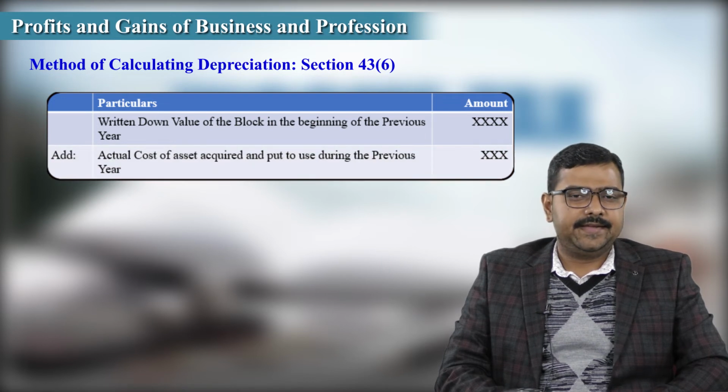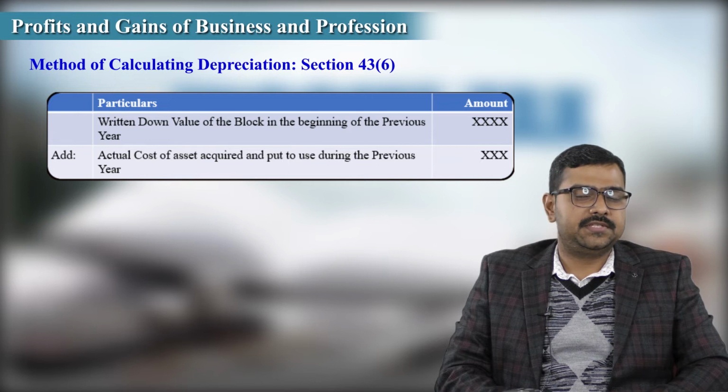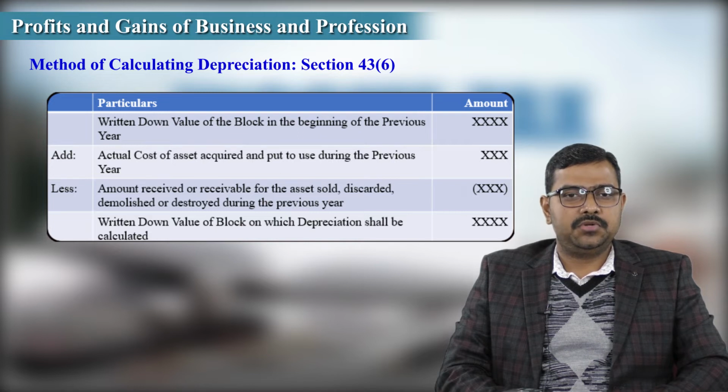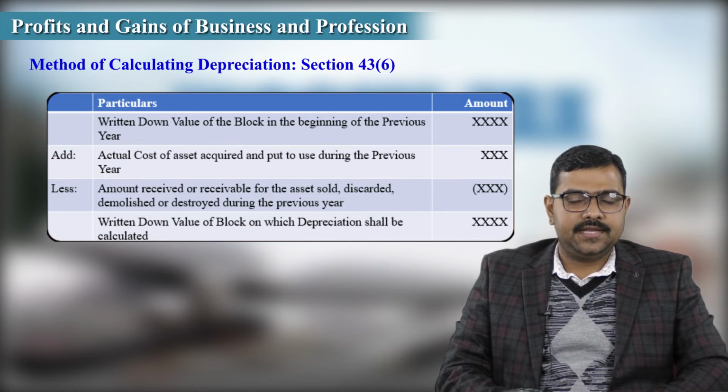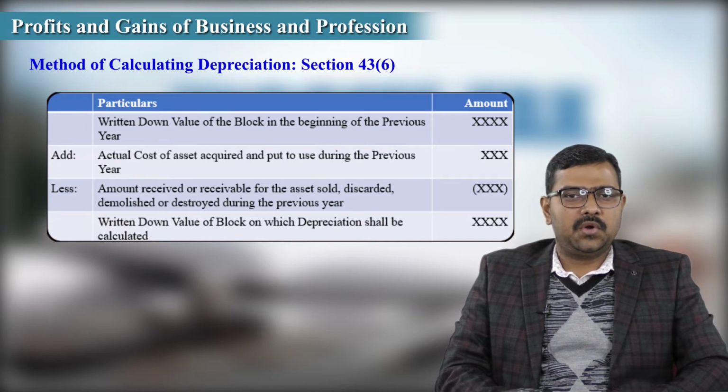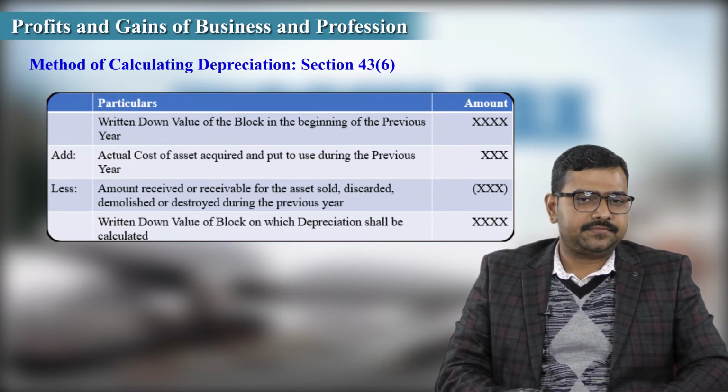Then we will add the actual cost of asset acquired and put to use during the previous year. So, if some asset is purchased during the previous year and it is put to use in the same previous year, then we will add that value in the WDV of the block in the beginning of the previous year.